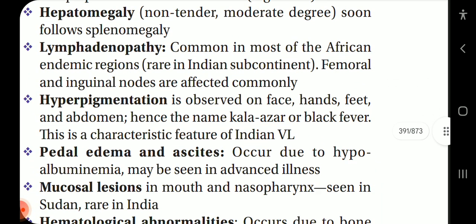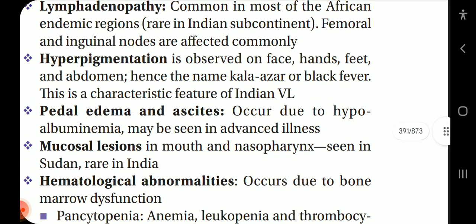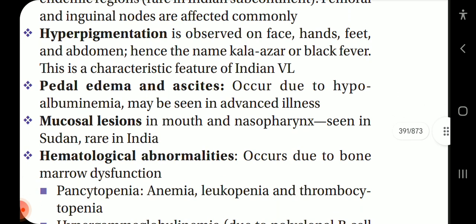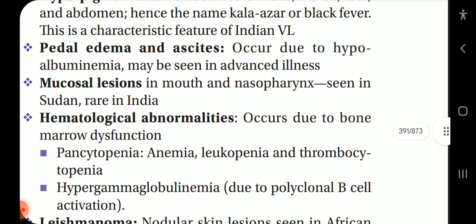Hepatomegaly, non-tender and of moderate degree, soon follows splenomegaly. Lymphadenopathy is common in most of the African endemic regions, rare in the Indian subcontinent. Femoral and inguinal nodes are commonly affected. Hyperpigmentation is observed on the face, hands, feet, and abdomen, hence the name Kala Azar or black fever. It is a characteristic feature of Indian visceral leishmaniasis.